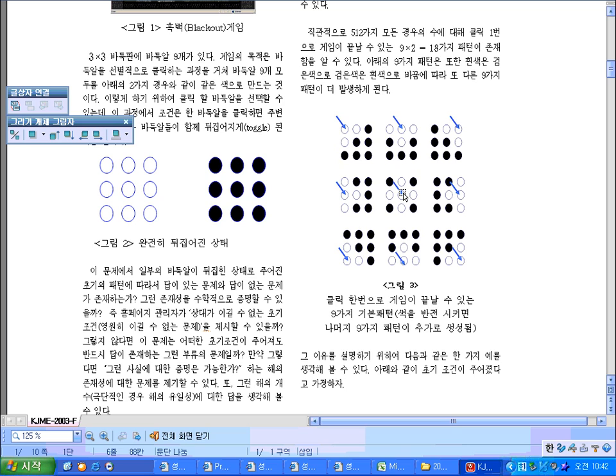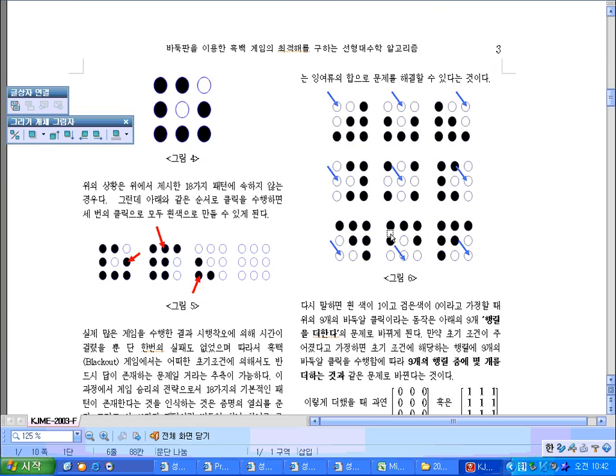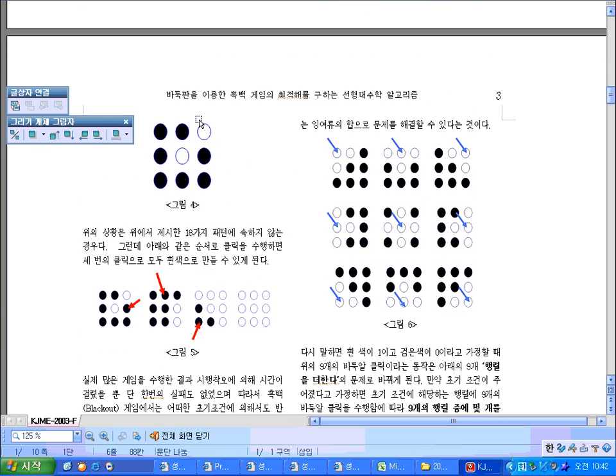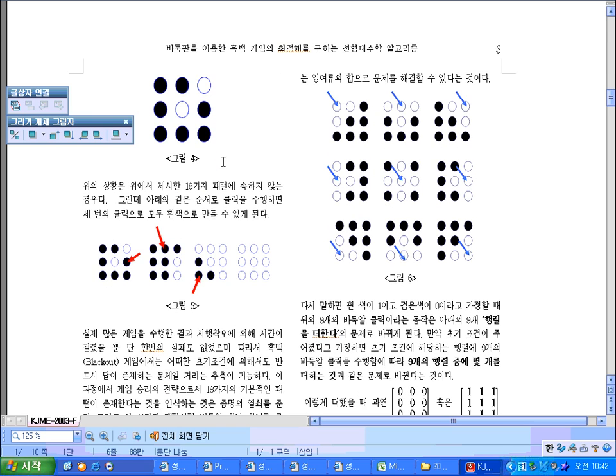If you click this center one, it changes the color from black to white, and the other 4 which share the edges. So, for example, if this is the arbitrarily given initial condition of 3 by 3 blackout game, then if you click this, it changes the colors of these 4 stones.